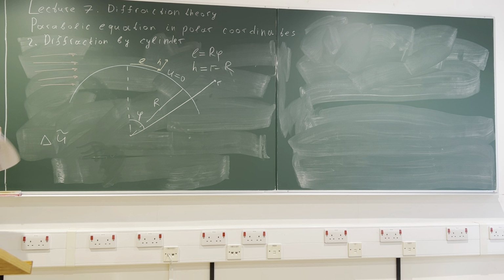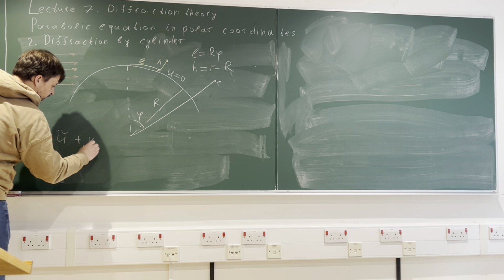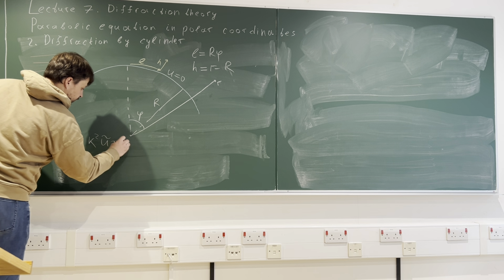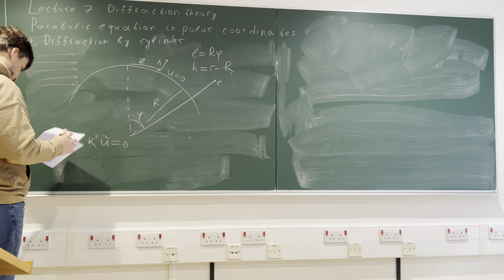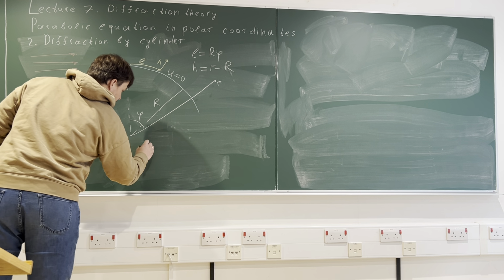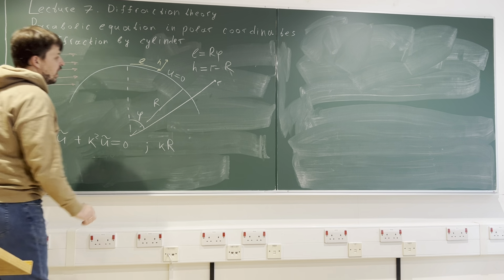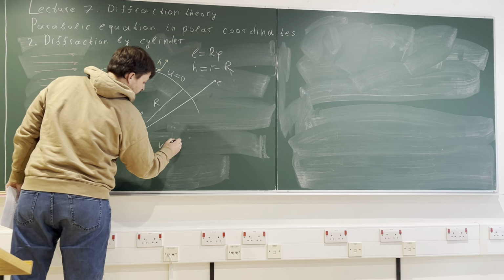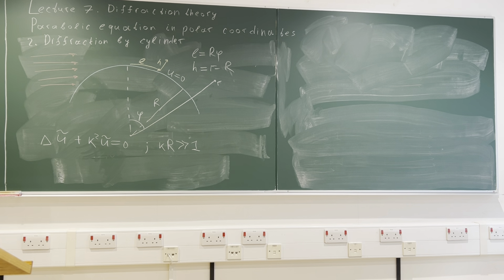I have tilde, so then I can reduce to the parabolic variable. And okay, one of the a priori estimates that I have is that kR is much bigger than 1.